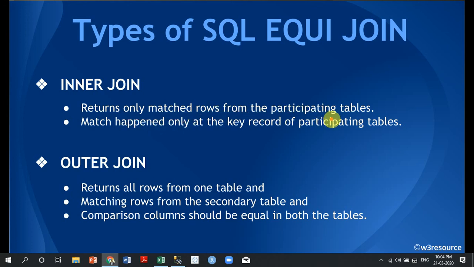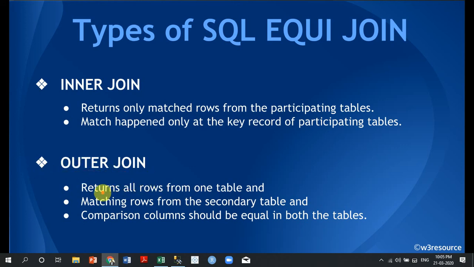That means if the rows are matching, then those rows will be displayed as a result, and the match happens only at the key record of the participating tables. Only those records will be displayed if the records are getting matched. If the records are not getting matched, those records will not be shown as the result.